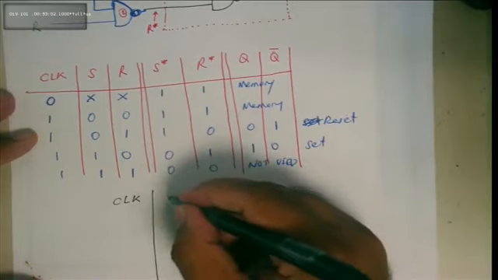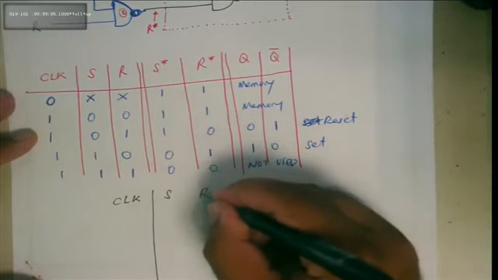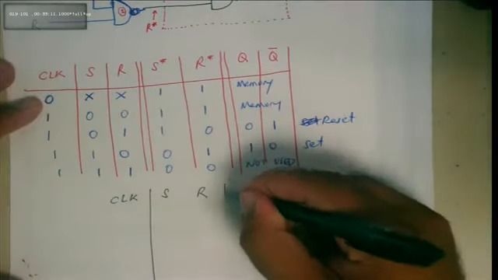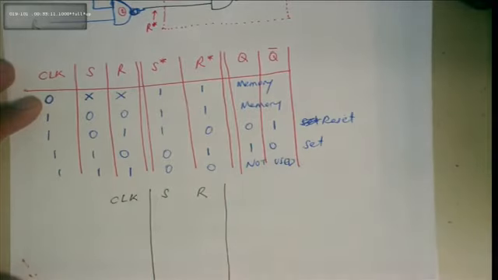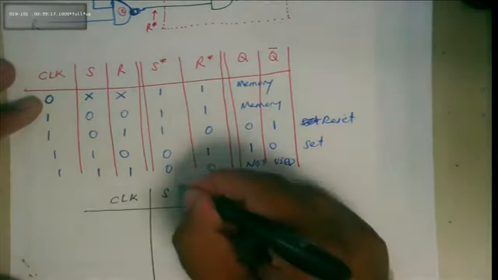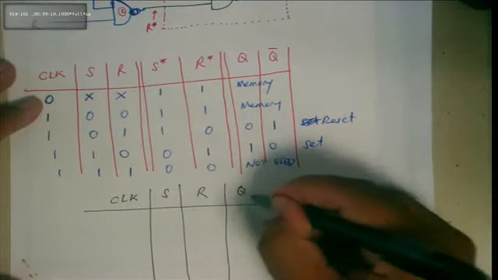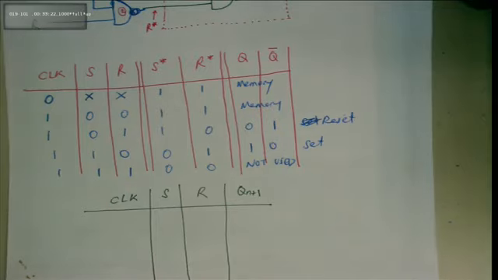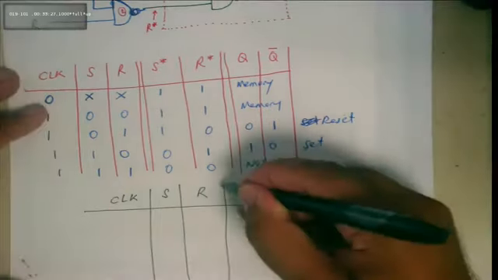We have S. We have R. This is where it becomes very, very tricky. And this is a double line over here.